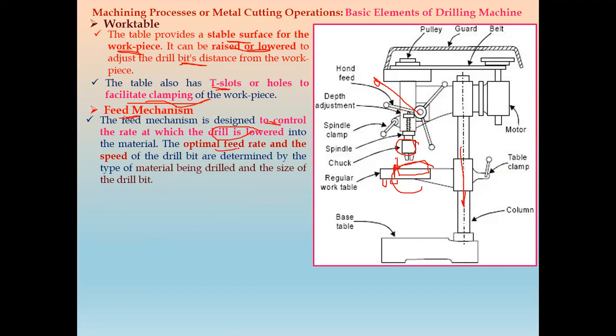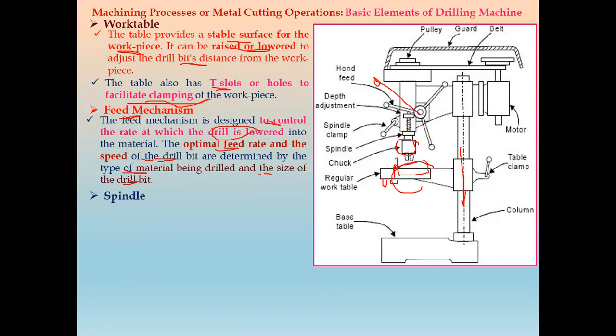The optimal feed rate and the speed of the drill bit are determined by the type of material to be drilled and the size of the drill bit. Based on that, the feed rate and the speed of the spindle can be fixed.